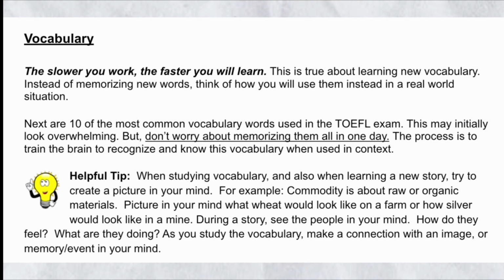Picture in your mind what wheat would look like on a farm or how silver would look in a mine. During a story, see the people in your mind. How do they feel? What are they doing? As you study the vocabulary, make a connection with an image or memory or event in your mind.